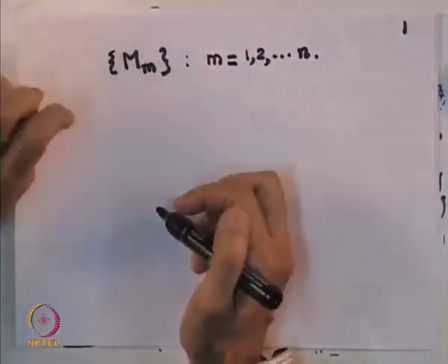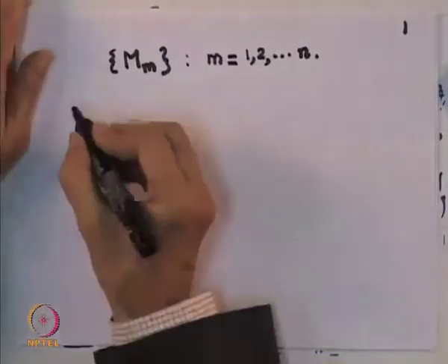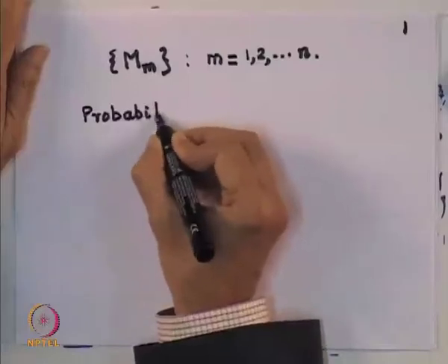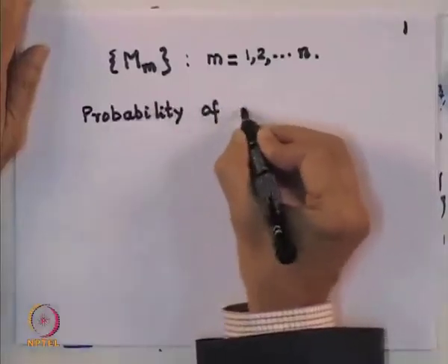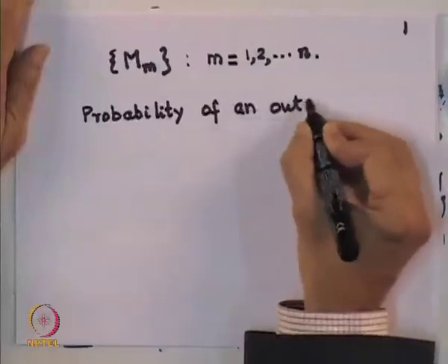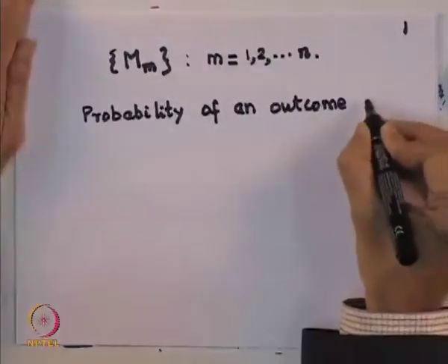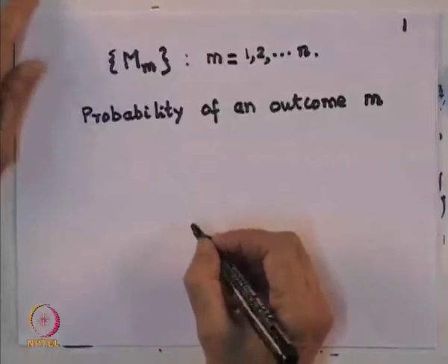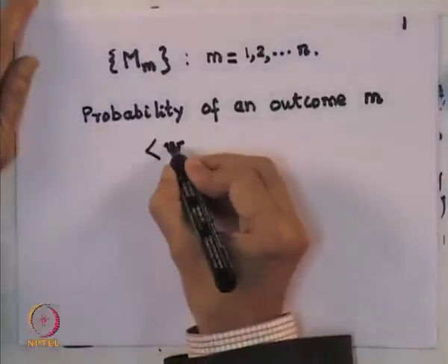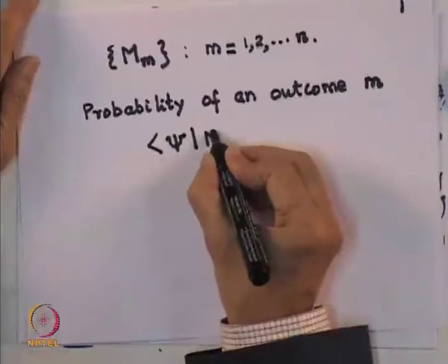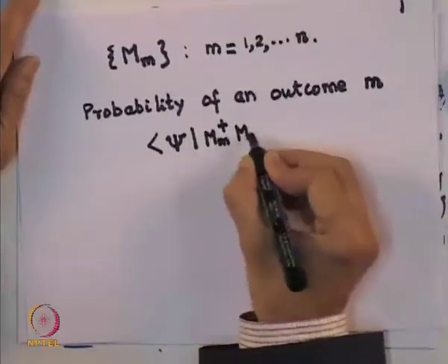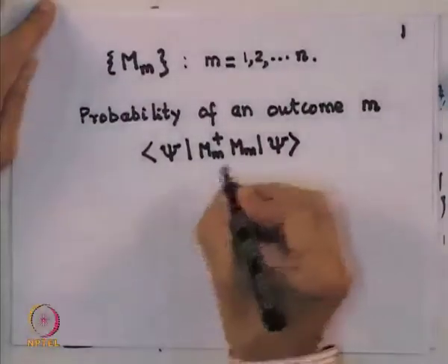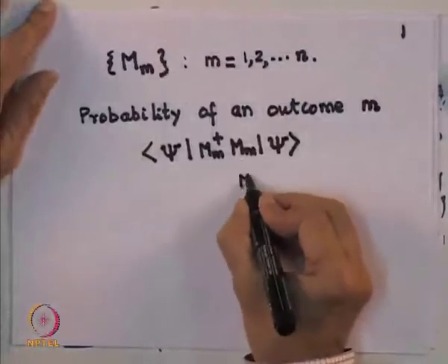Now according to the quantum postulate that we had, the probability of an outcome, suppose I am talking about a particular outcome, let's call it just m, the specific m, is given by this quantity, psi M_m dagger M_m psi, where these M_m and M_m dagger are my measurement operators.